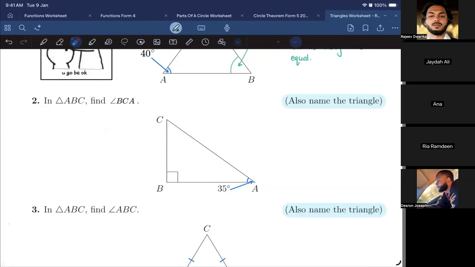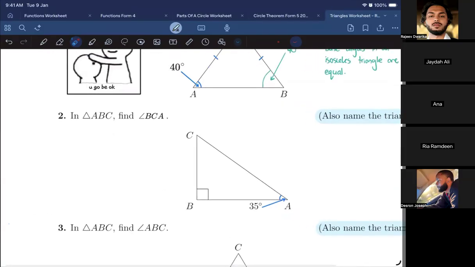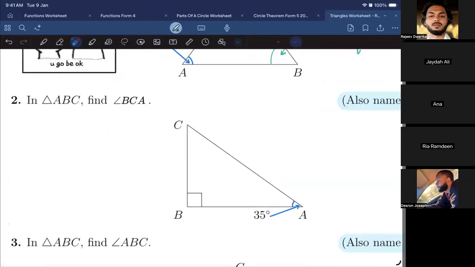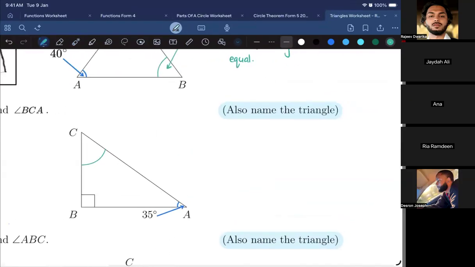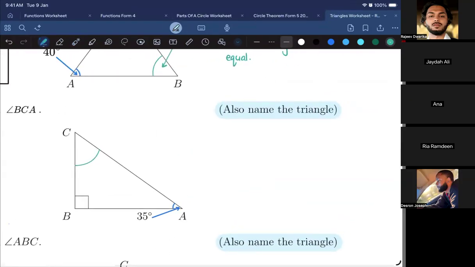All right. So Jada, question 2. They want me to find angle BCA. What angle are they talking about? BCA. Which angle is this? Angle C. So they want me to figure out this one. Now, first things first, what kind of triangle is this? Scalene.